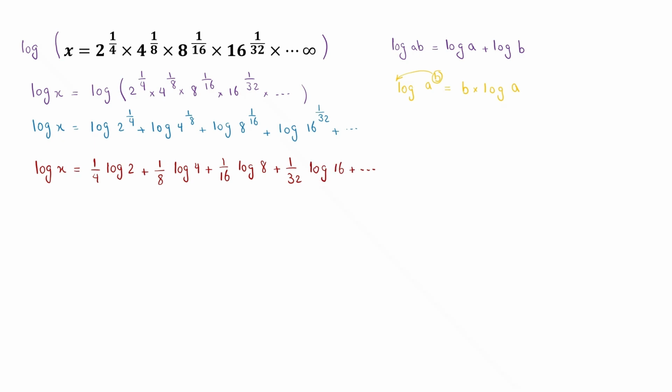Now let's take a look at this 4. 4 is 2 to the power of 2. This 8 is 2 to the power of 3. This 16 is 2 to the power of 4.